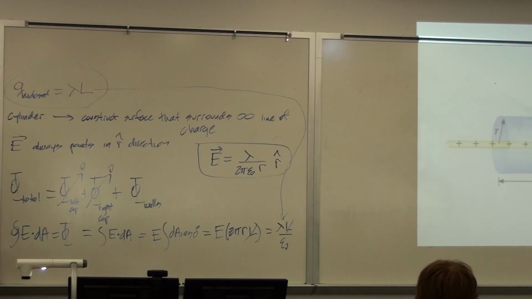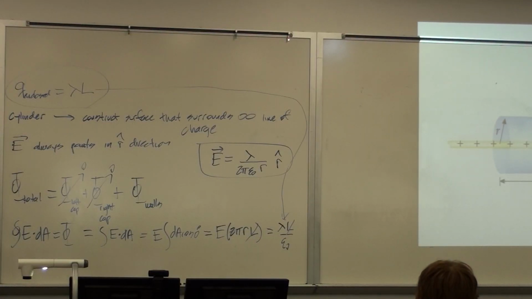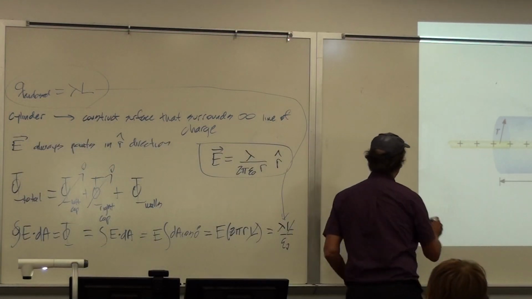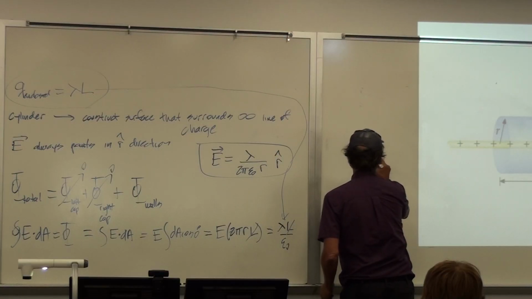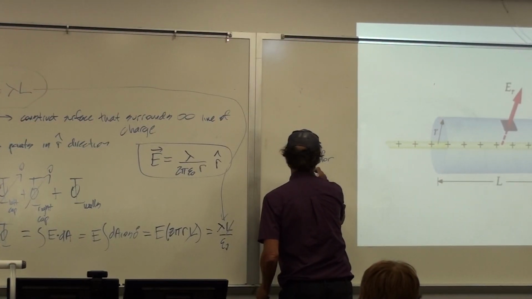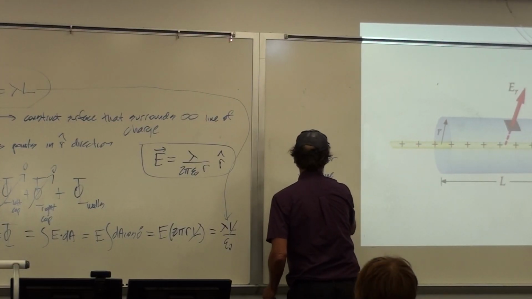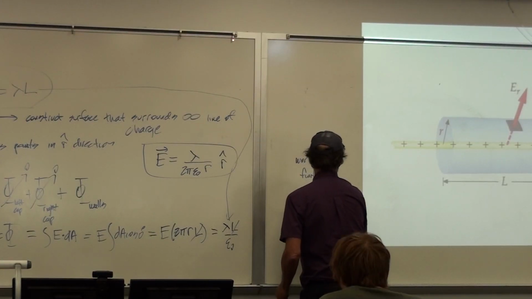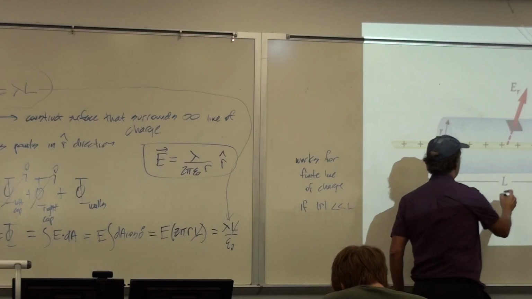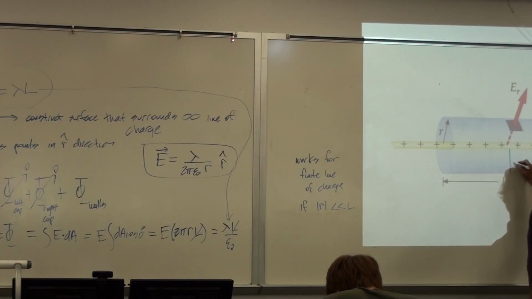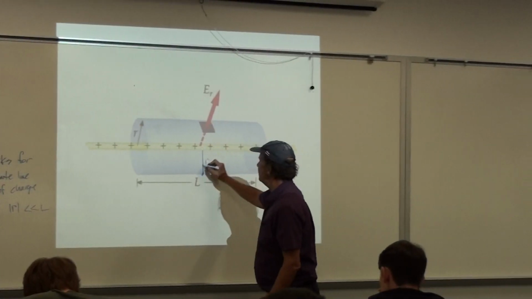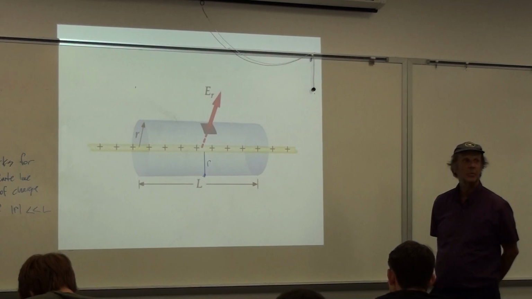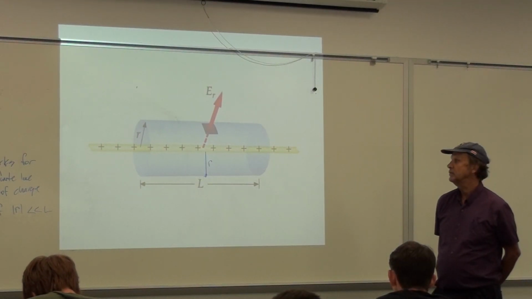Now, if it weren't infinite, then this wouldn't be quite right. So this still works, though, for a finite line charge if the magnitude of R is much, much less than L. So in other words, if I'm out here somewhere, and this is my R, if that R value is way less than L, then I can use the semi-infinite approximation, and it'll still work.